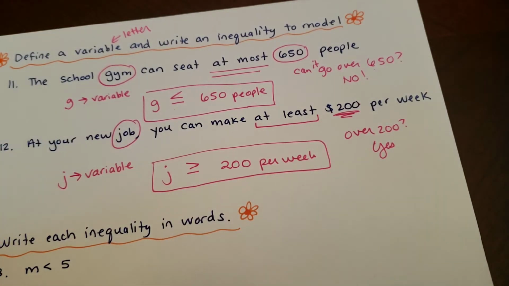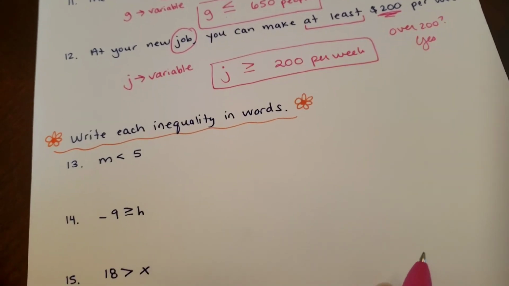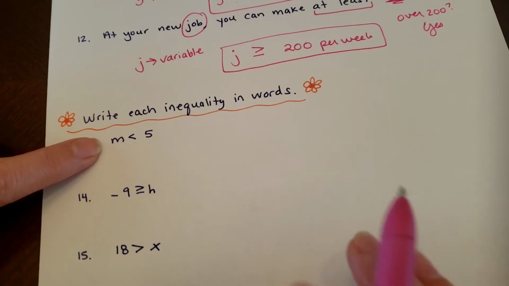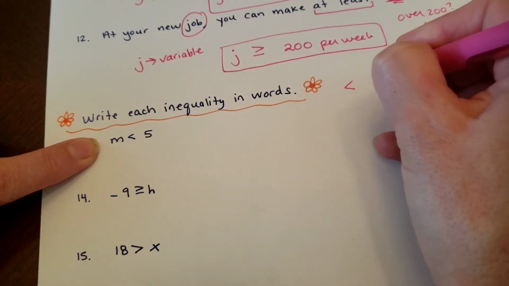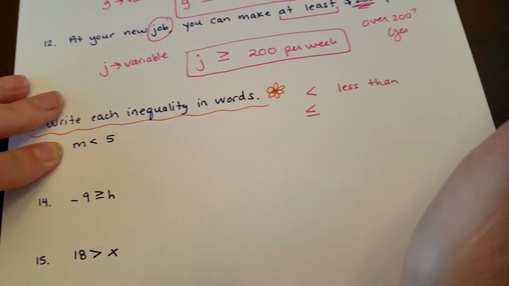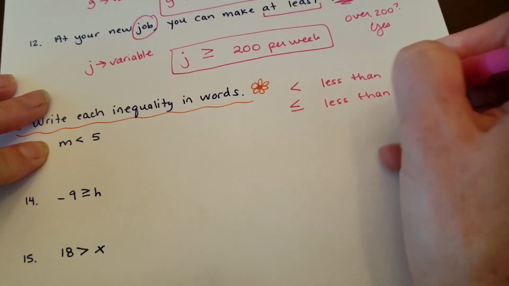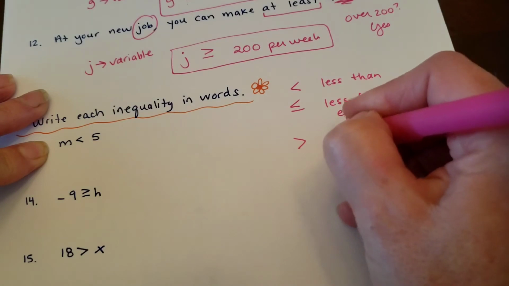Last set of problems, we're just going to take these inequalities and write them into words. Again, it's always better to have the variable on the left side just because it makes more sense. So just to review real quick, so this means less than. This one with the bar is less than or equal to. Then we have greater than.